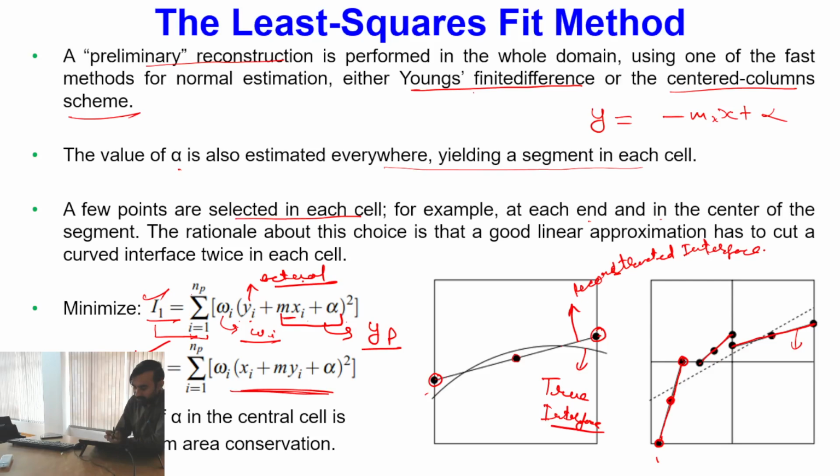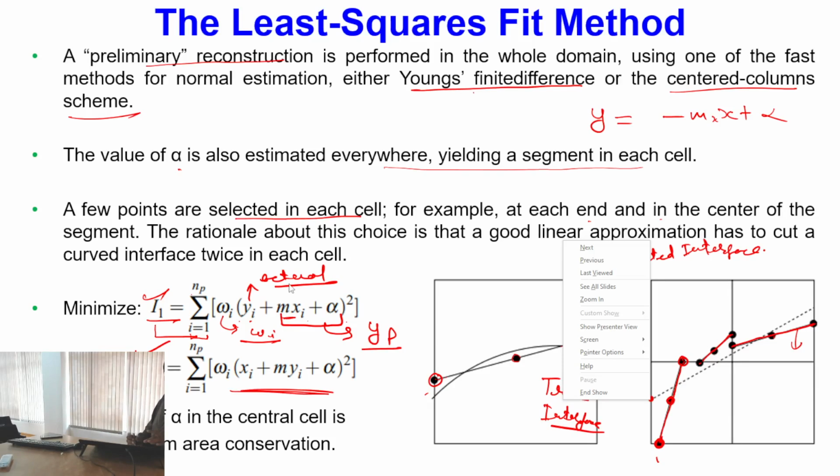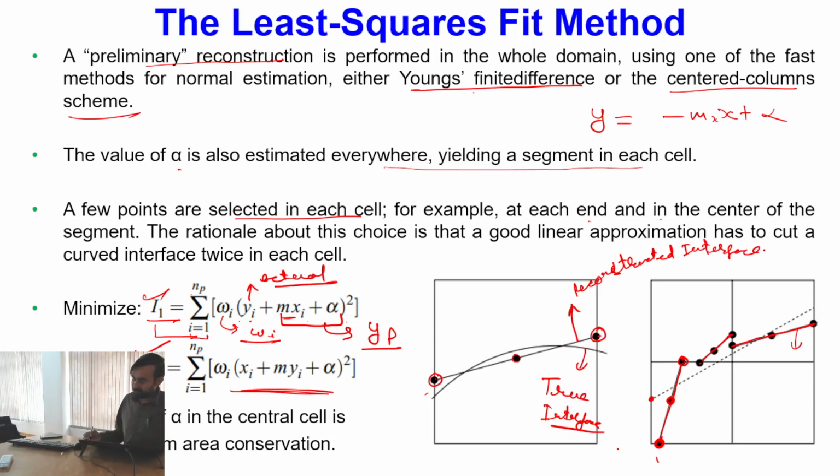For example, here this is your actual value, and this is your predicted value. This way you will be minimizing this error function, and when you minimize it for this entire stencil, where you have these broken interfaces, instead of the broken interfaces you will get some smooth continuous line over the stencil.